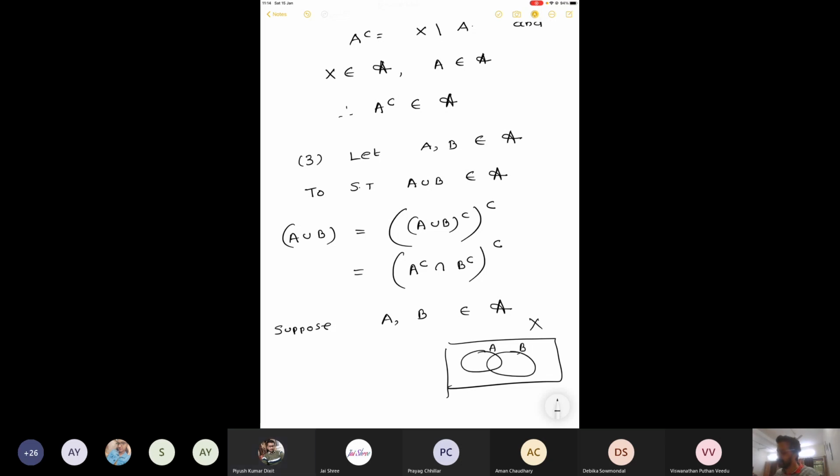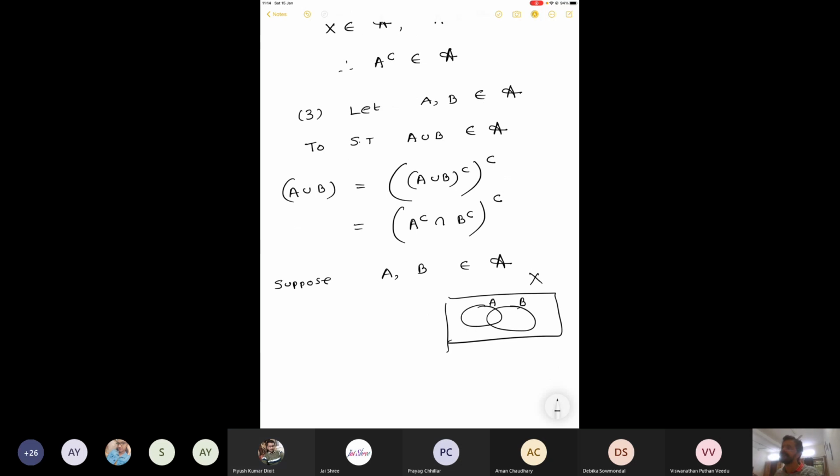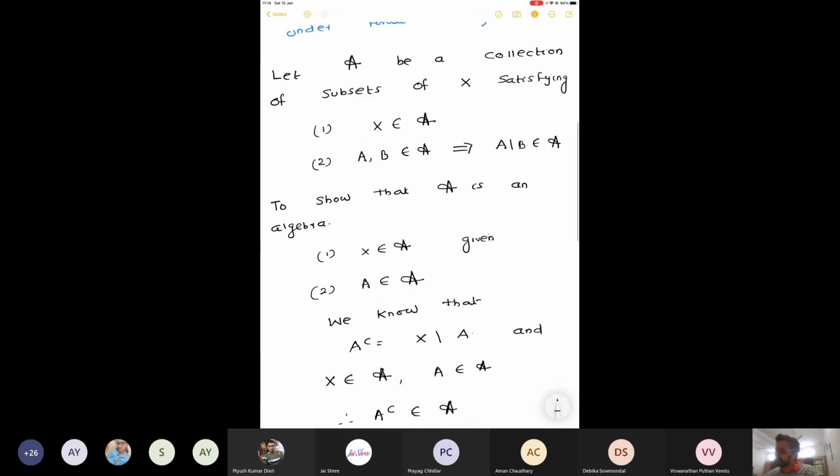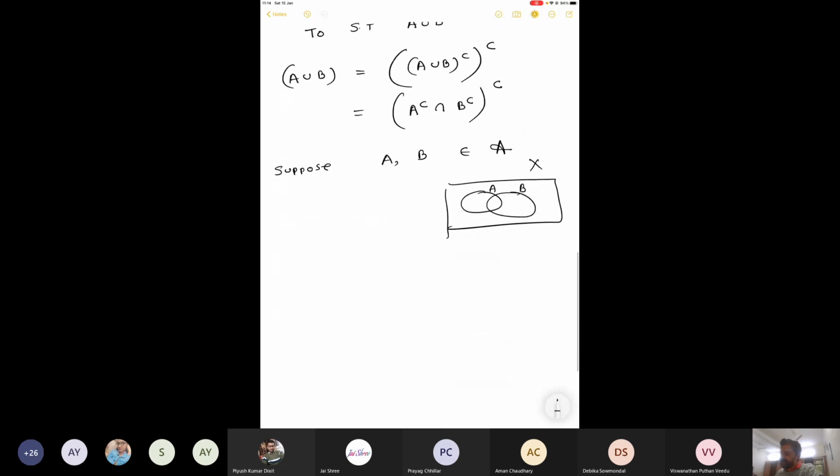Yes. For that, I have to write it as a difference because the given condition is in terms of difference, right? So how do I write A intersection B as a difference? A minus B complement. Do you agree? That follows directly from the Venn diagram if you want. Otherwise, you can prove it. A intersection B is A minus B complement.